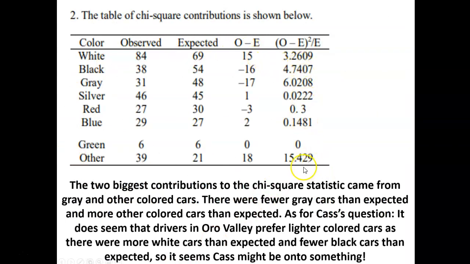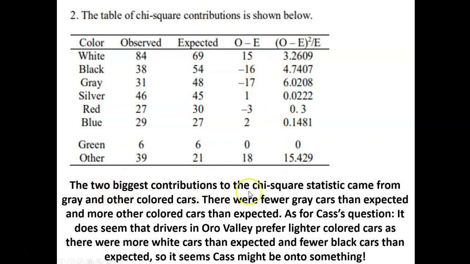As I look through the values, other is a pretty high contribution, and it's in the positive direction. White was positive, O minus E, and pretty big. And then you'll notice black and gray are pretty big contributions, but in the negative direction.